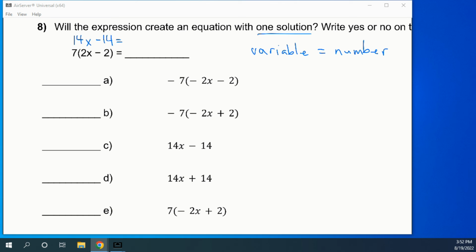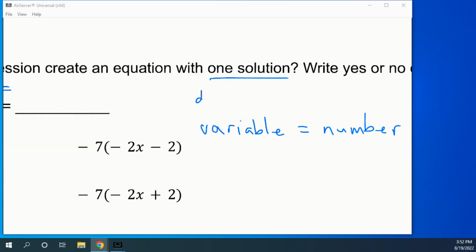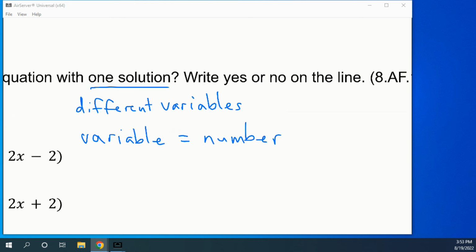In order for us to have one solution, you've got to have different variable terms on each side.